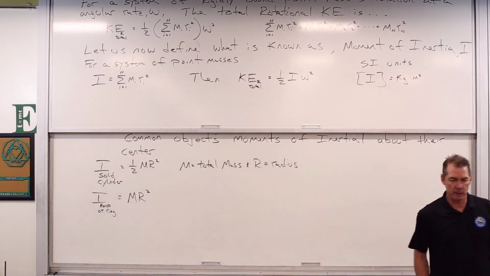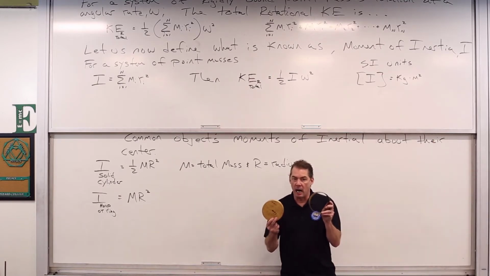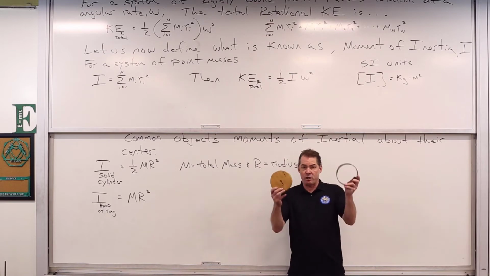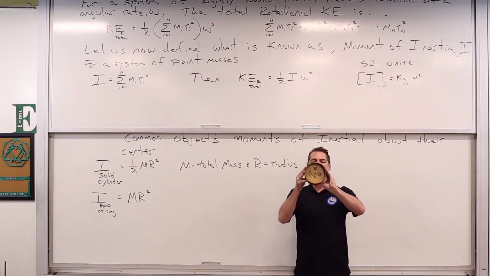Grab something really quick here. I've got two things right here. These actually have right about the same mass. Seen Mr. Happy Face before? And they have about the same radii as well.